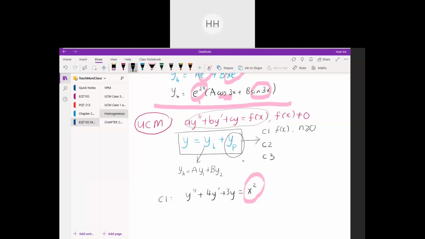Let's say if I have this one, x equals to negative 2 here. Can you solve this equation by using UCM? Can or not? If I change this equation into the form of equals to x to the power of negative 2, tell me, can you solve this equation by using UCM or not?